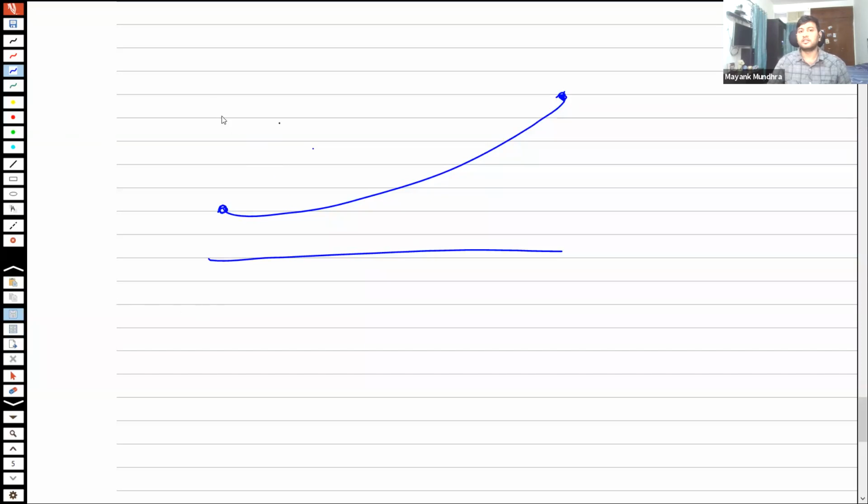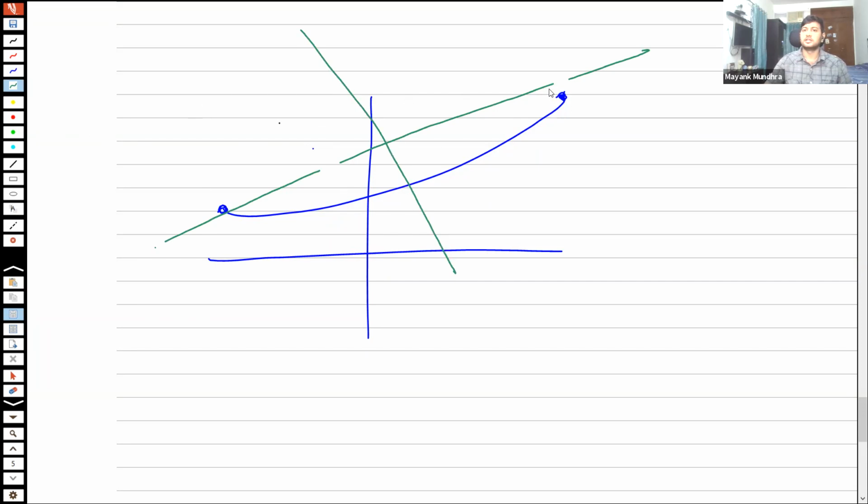If I change my axes into these, suppose I made this the x-axis and this the y-axis, then in the green x and y-axis, these two points are the same. So Rolle's theorem will be applicable on the green x and y-axis. So you're basically doing a rotation of axis.